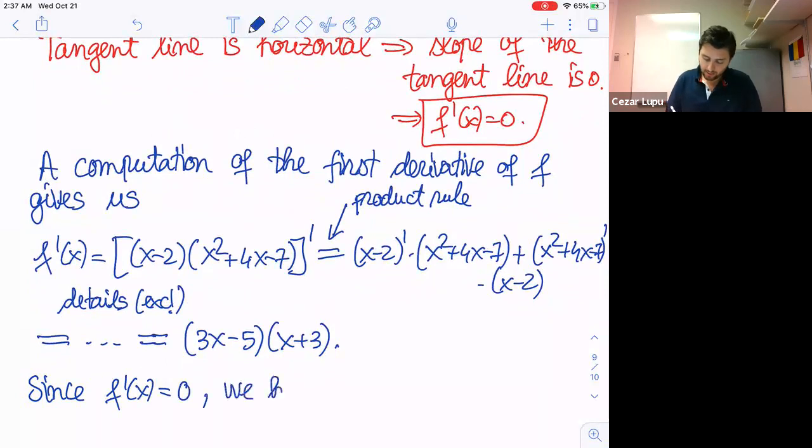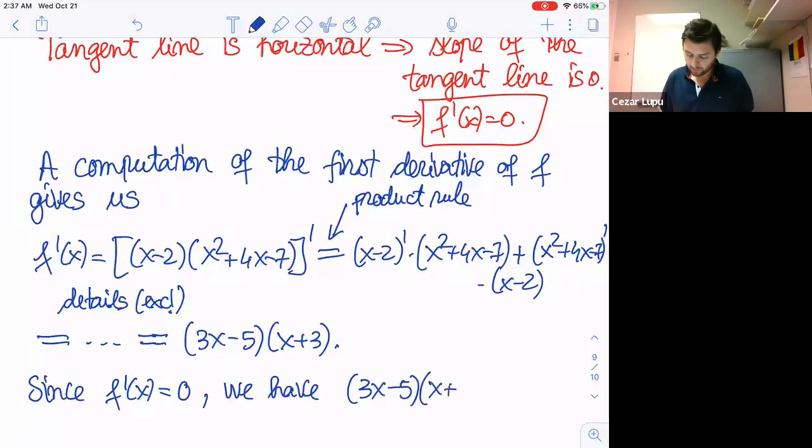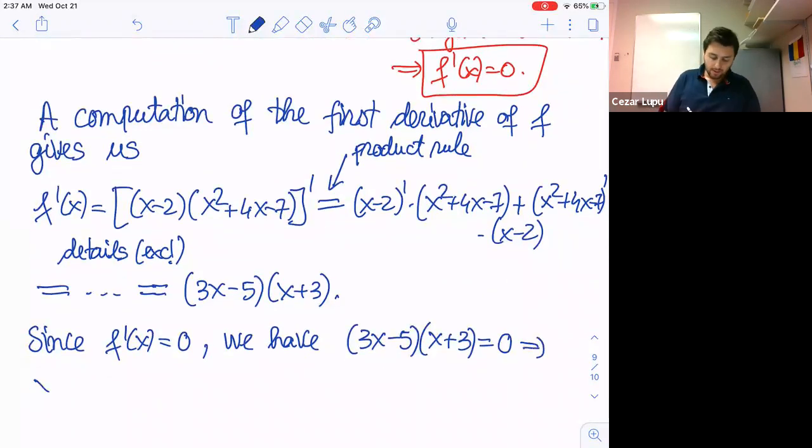Since f prime of x is 0, we have that 3x minus 5 times x plus 3 equals 0. So this implies that x is either 5 over 3 or x is negative 3.